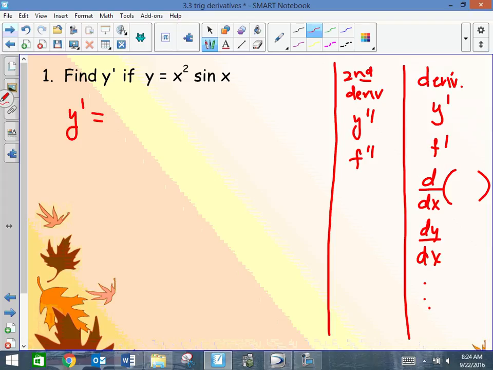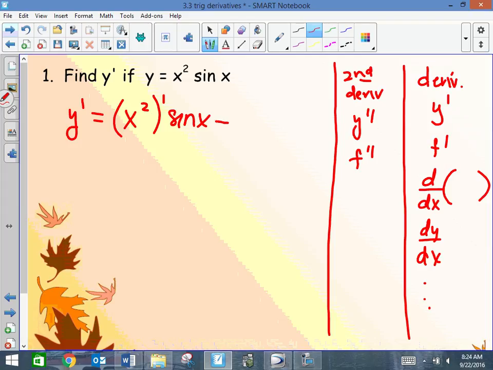All right, what am I going to do to find y prime? Two words. What is the rule? Product rule. Okay. All right, so, Allie, tell me how this is going to work. Derivative of x squared, good, times sine x. Good. What did you say?